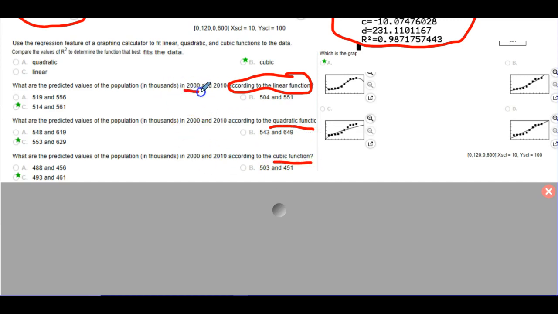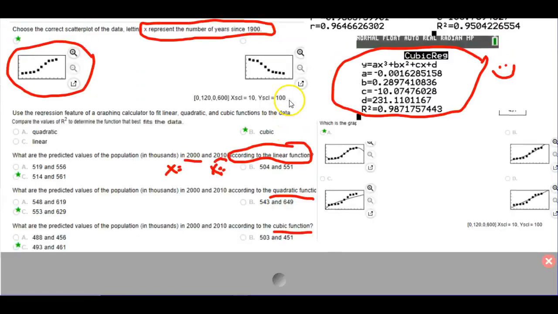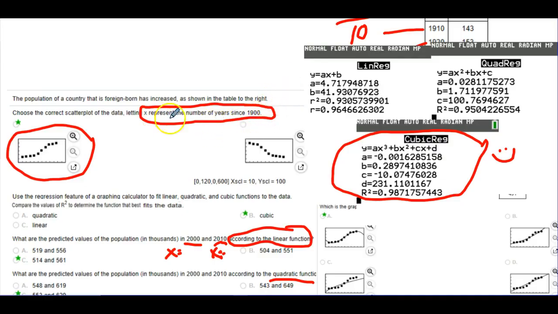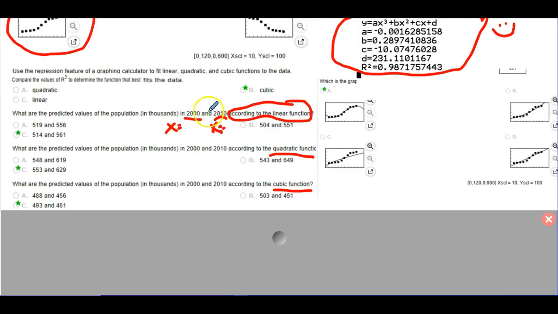And which years and what their x's would be. So you've got to figure out the x for each of those. So remember back up here what x was. X is the number of years since 1900. So if your year is 2000, that is 100 years since 1900.